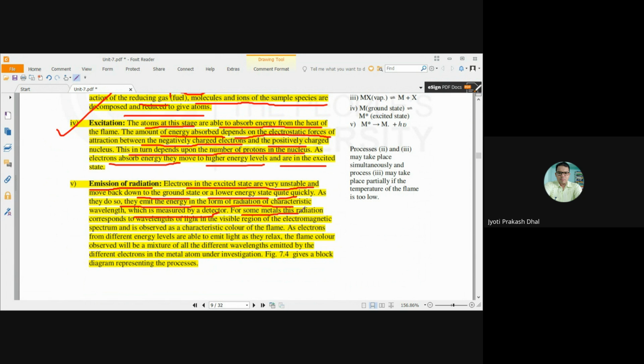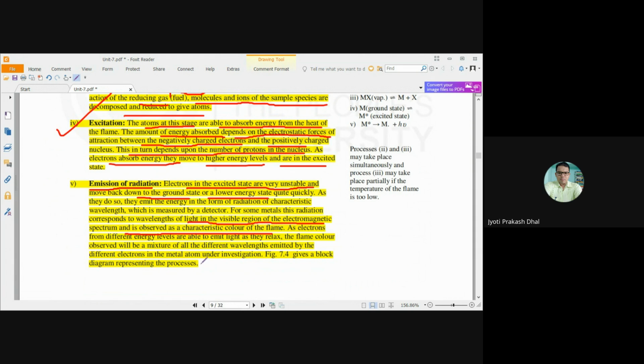For some metals, this radiation corresponds to wavelengths of light in the visible region of the electromagnetic spectrum and is observed as a characteristic color. So as the wavelength of the emitted electromagnetic radiation falls in the visible region, the emitted radiation looks like color.